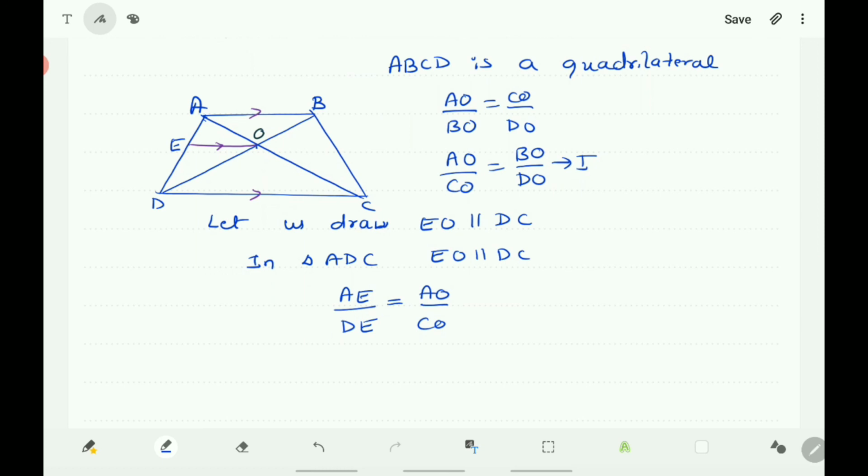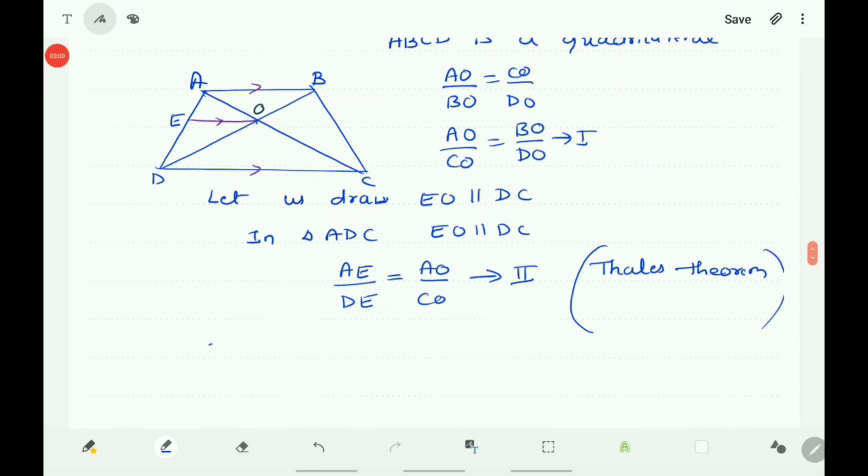Now you consider that as first. First is over. You take this second, and you know that this is according to Thales theorem. It is also AE by DE is equal to AO by CO, which is equal to BO by DO, that is from first.